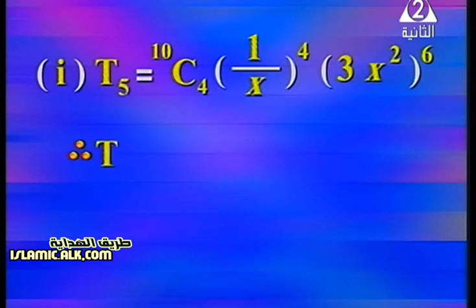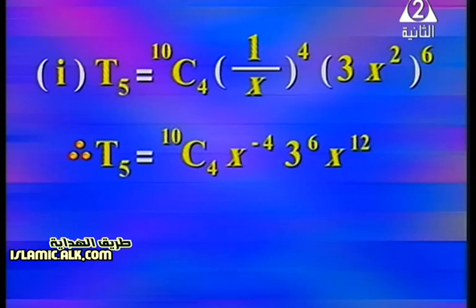Then T5 equals 10C4 times x to the power negative 4 times 3 to the power 6 times x to the power 12. By distributing the power, 2 times 6 is 12. Look at x to the power negative 4 times x to the power 12, which is x to the power 8.